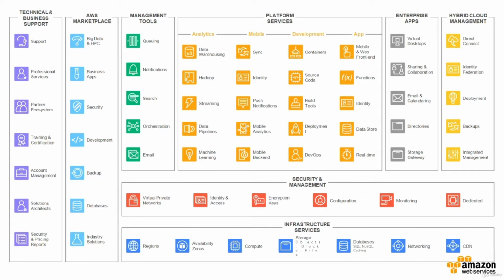It has analytics, mobile development, app development, enterprise app, hybrid cloud management tools. It has a marketplace where we can develop and sell our code even to our fellow developers or any other developers. We can work in a team and host a DevOps process toolchain.